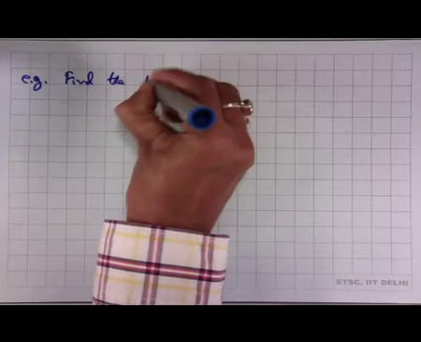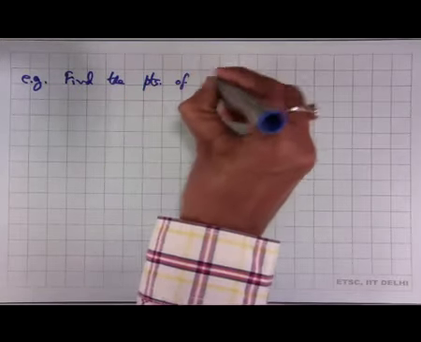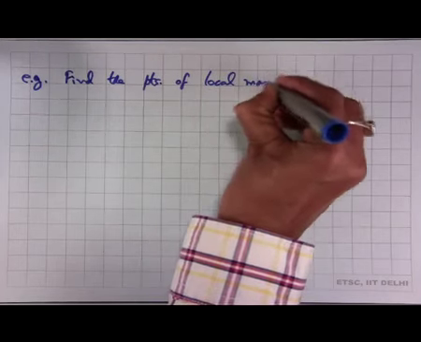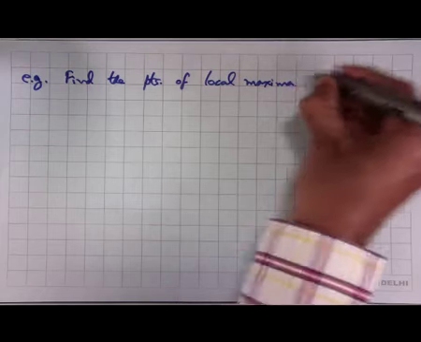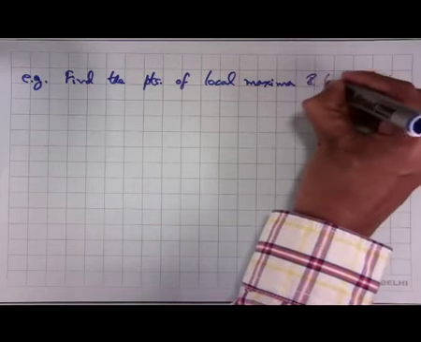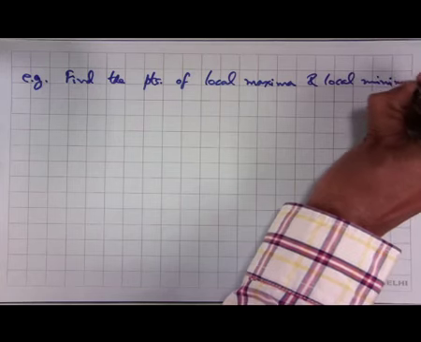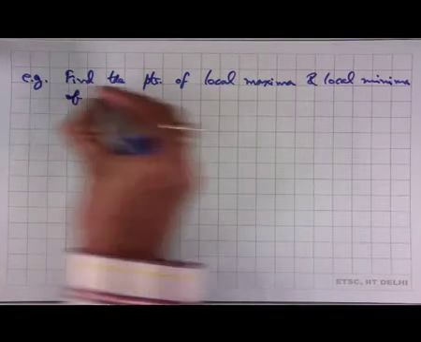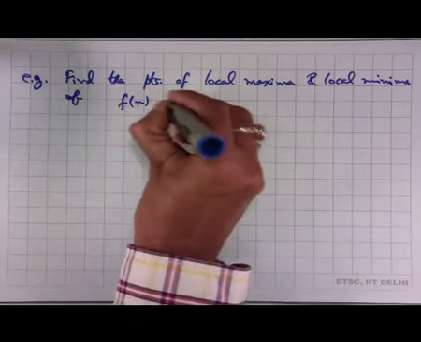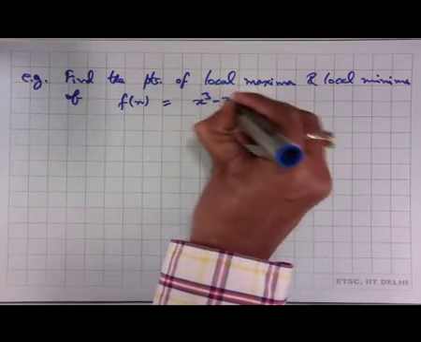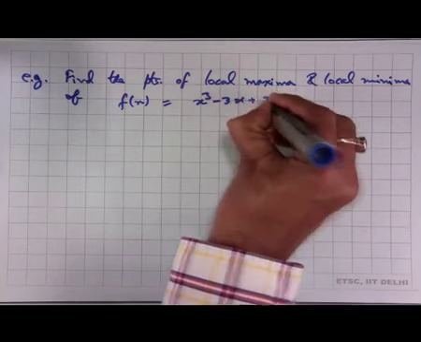So, let us look at one example. Find the points of local maxima and local minima of f(x), which is given by x cube minus 3x plus 3.